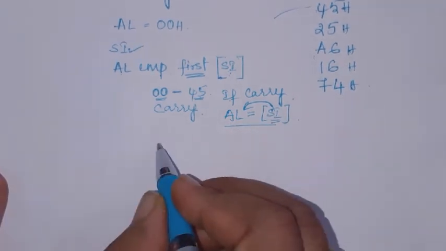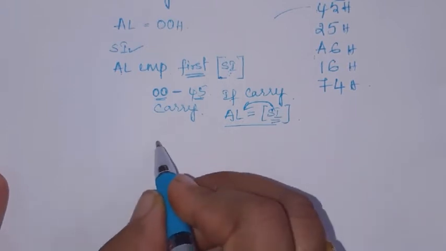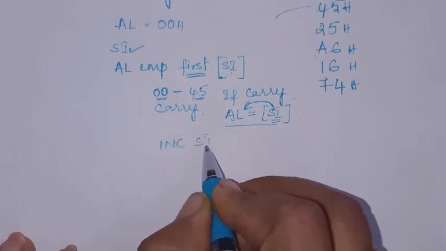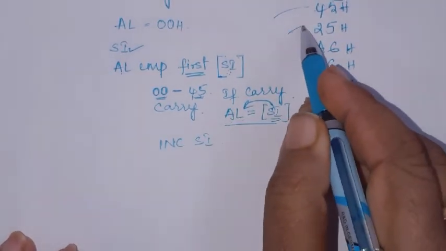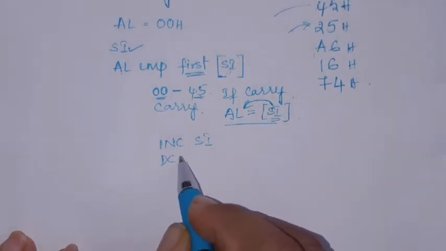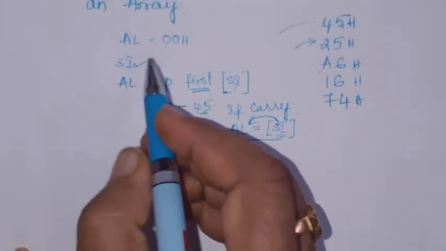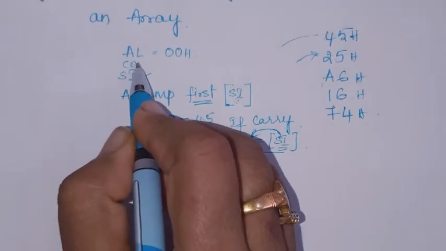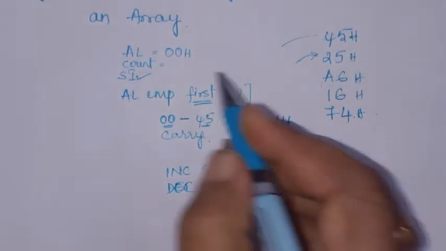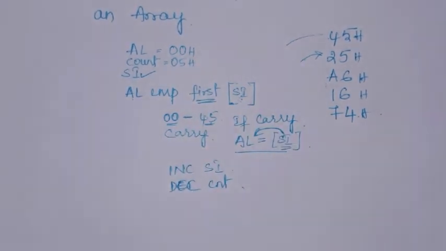Okay, and then in both cases, whether carry is there or not, the next step is to increment SI so that it points to the next element in the array. Then decrement count. Here we need to initialize count to the number of elements in the array, and that must be initialized in the counter register.